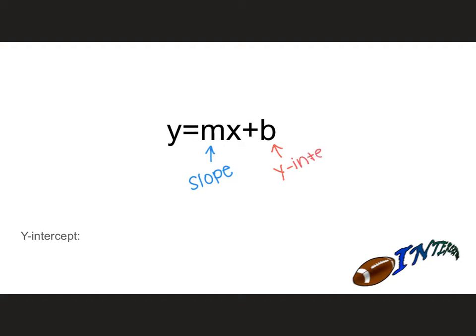y-intercept. This is potentially new for you. So the y-intercept is where the line or the graph crosses or intercepts the y-axis.